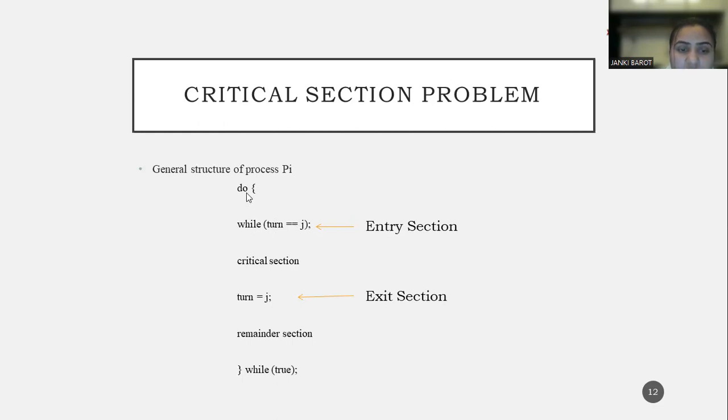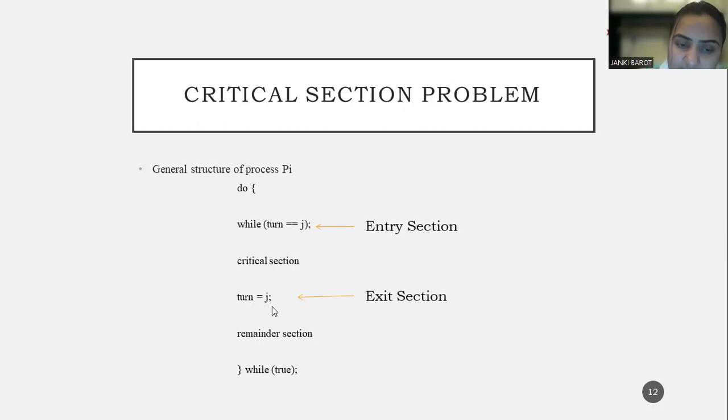When process A comes, it will check while turn equals J. Here J's value is 0, then what will happen? It will automatically enter the critical section and be executed. And after that, when the code is executed and comes to turn equals J, what will happen?